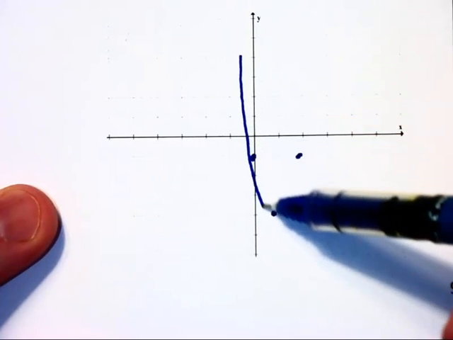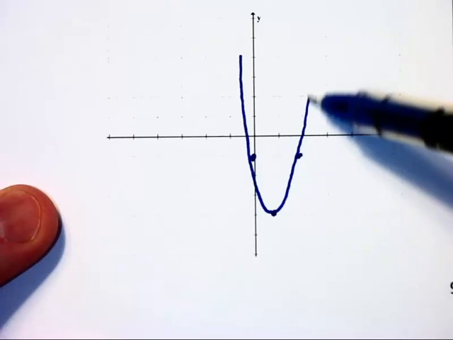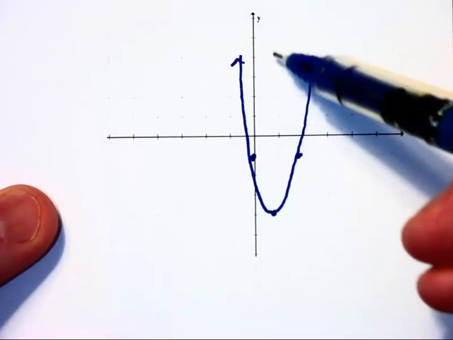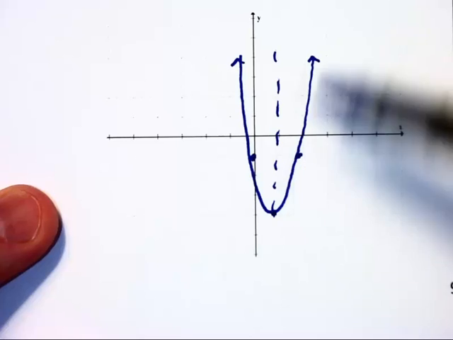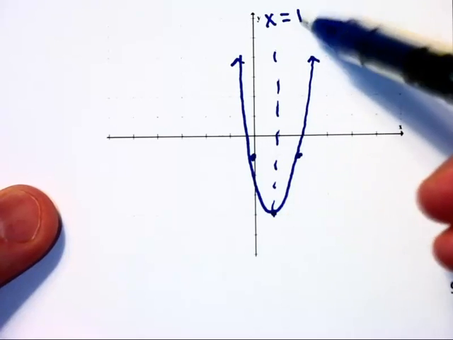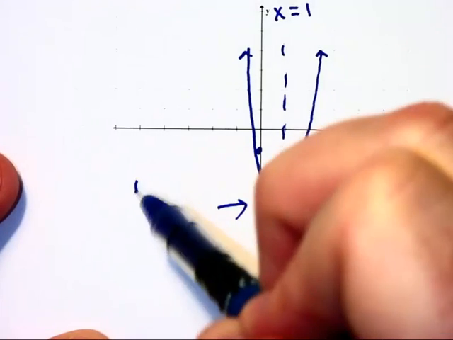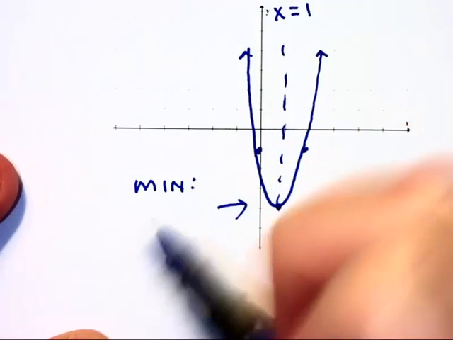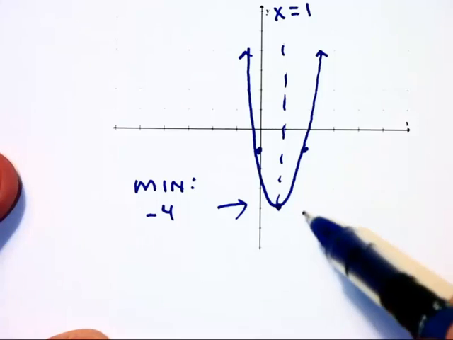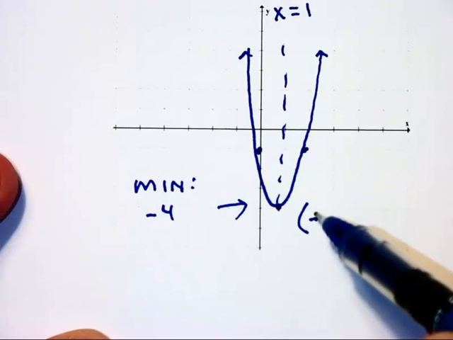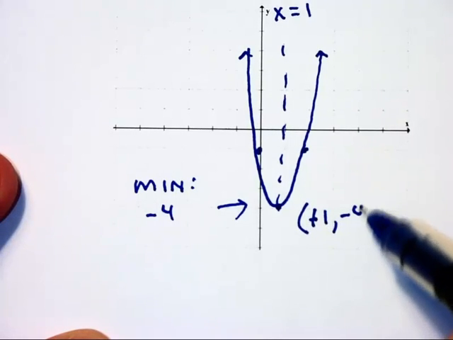If we want additional points, we'd have to use an XY chart. And notice we have an axis of symmetry, which is the equation x equals 1, and that there is a minimum value here, and that minimum is at -4, matching up with our vertex, which is at +1, -4.